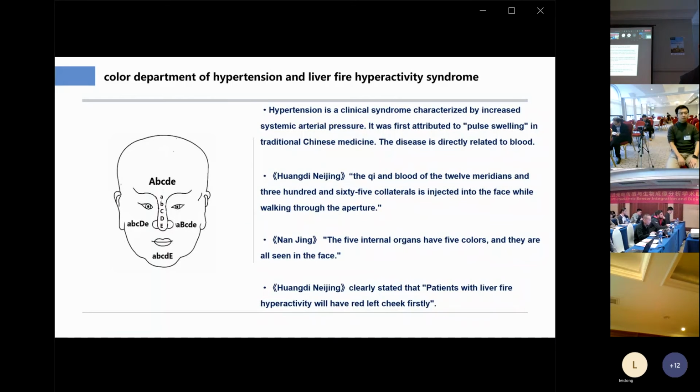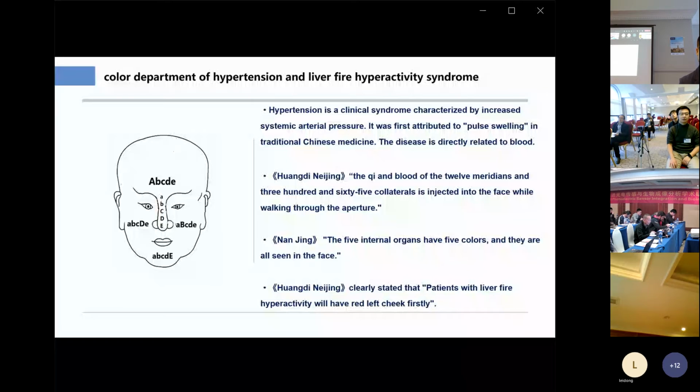And the classical ancient literature, like the Huangdi Neijing, cites that the qi and the blood of the 12 meridians are injected into the face, and the 5 internal organs that have colors are also in the face.